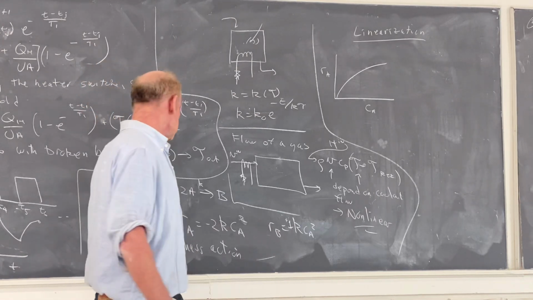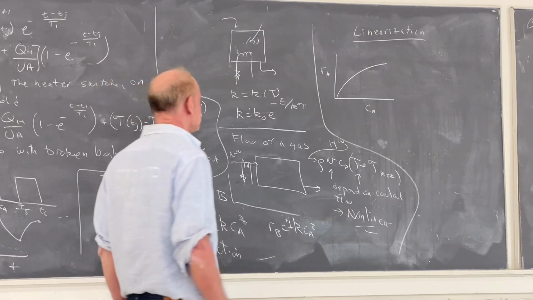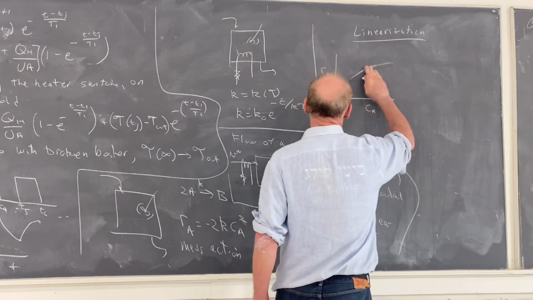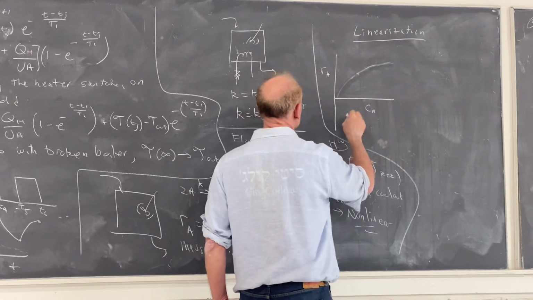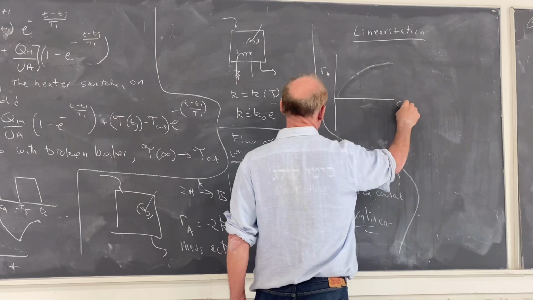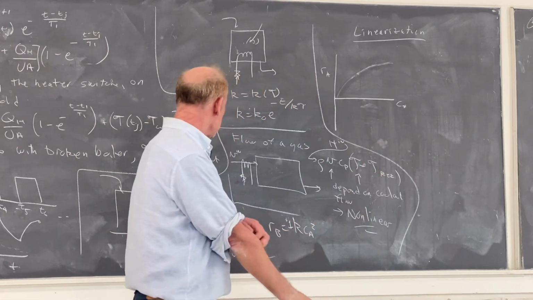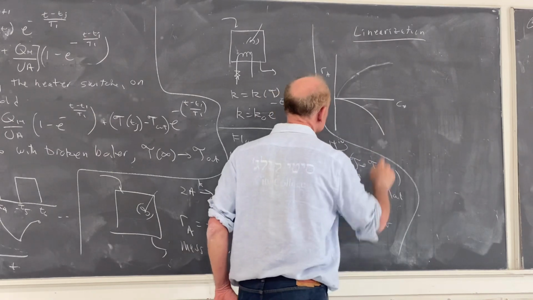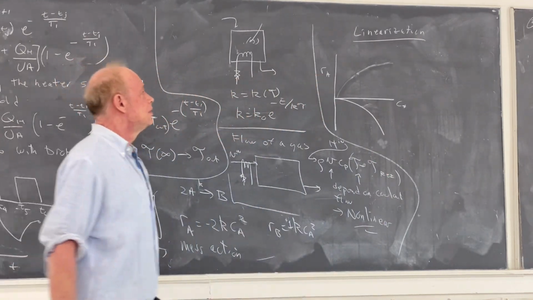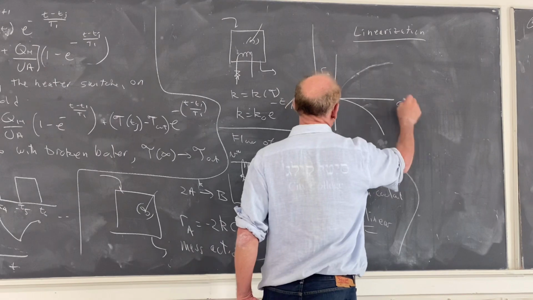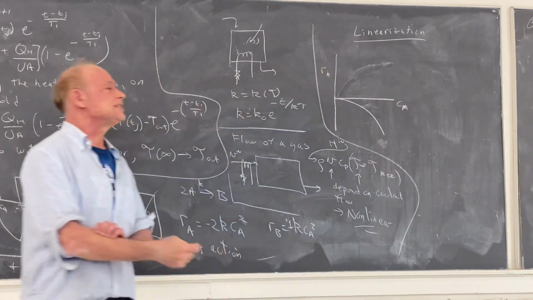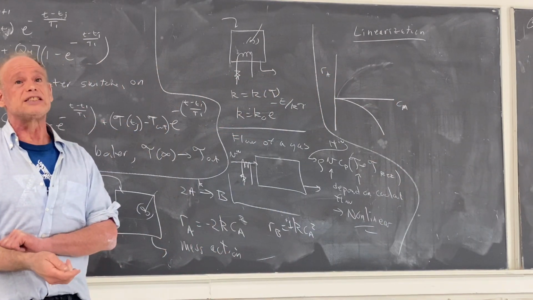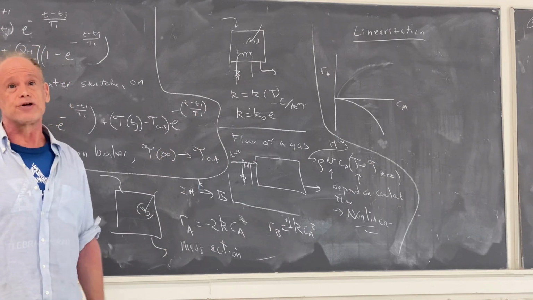No, the rate RA is negative as a function of CA, and it goes quadratic, so it looks something like this. As the concentration goes up, the rate speeds up, and I deplete A faster.